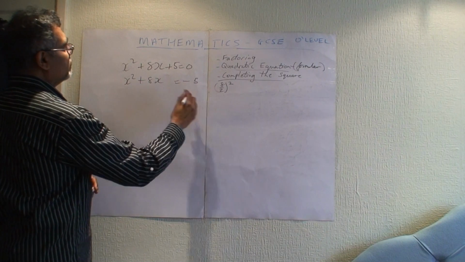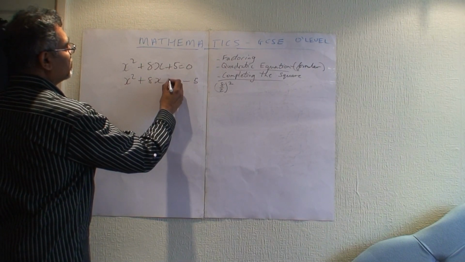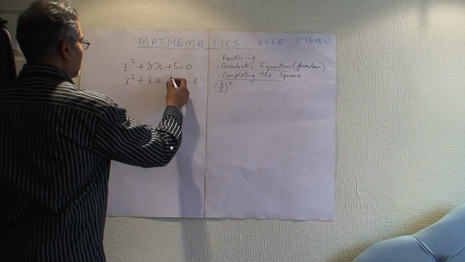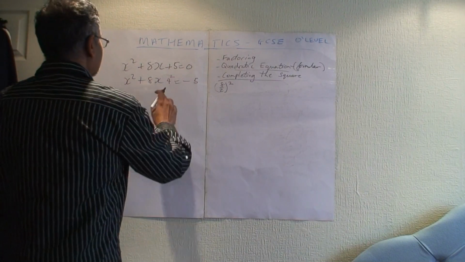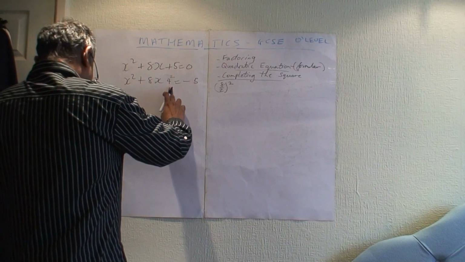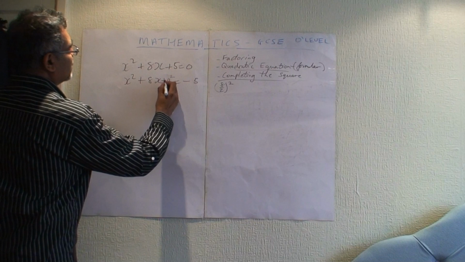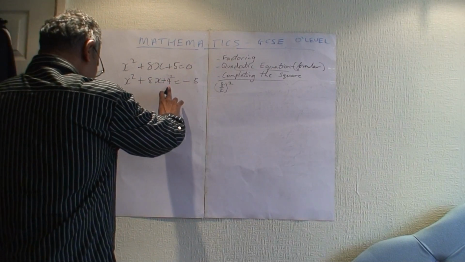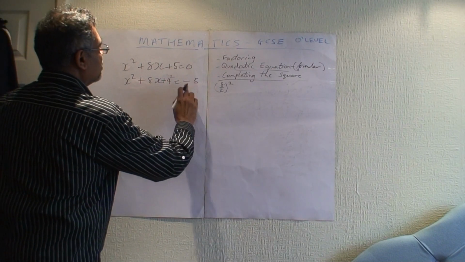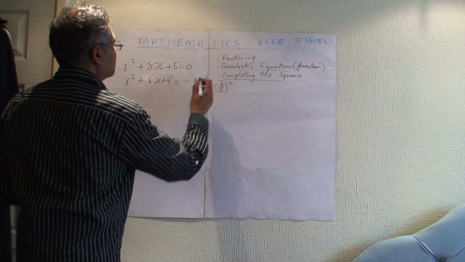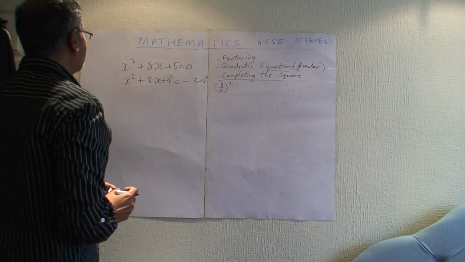So 8 divided by 2 is 4, so we put 4 squared here. Because we add the 4 squared on this side, we add the 4 squared on the other side as well.